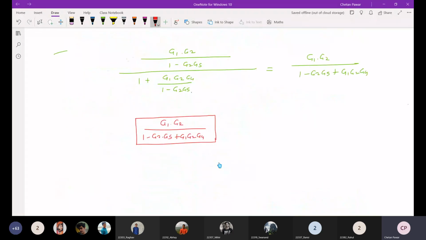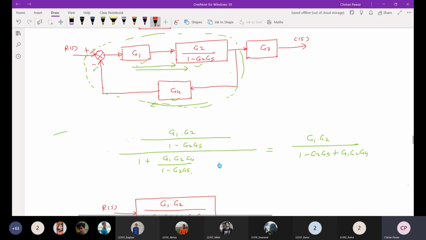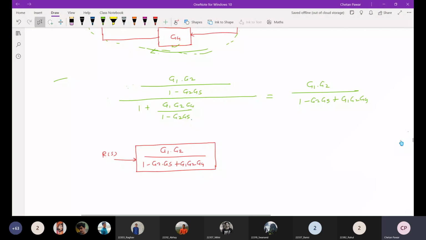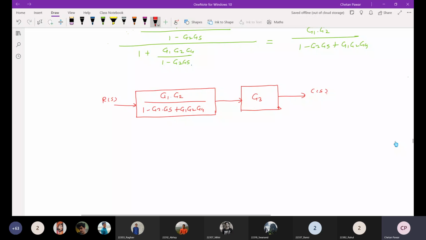The input is R of S for that, and the next block is G3, right? That is in cascade with this particular combination, with output C of S. The overall block reduction will be the multiplication of these two, because these two blocks are in cascade.